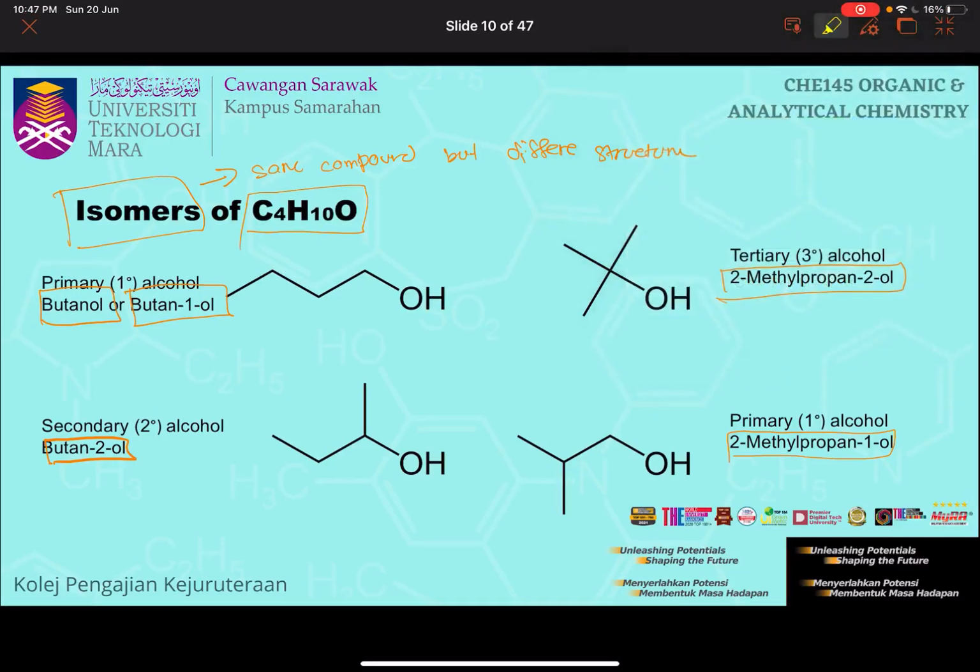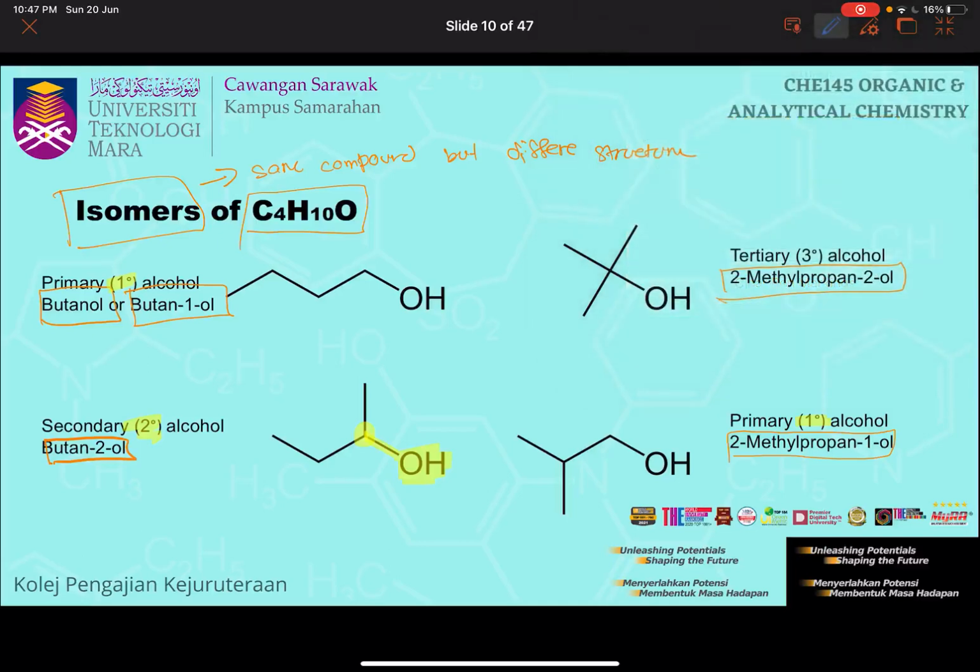Butanol and 2-methyl propan 1-ol are primary. Butane 2-ol is secondary. How do you know it's secondary? Look at the carbon that has the OH attached to it.